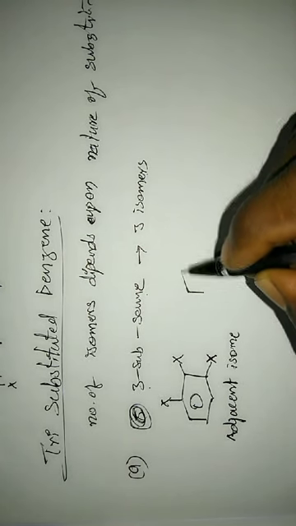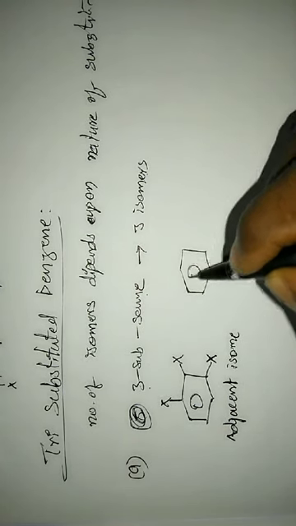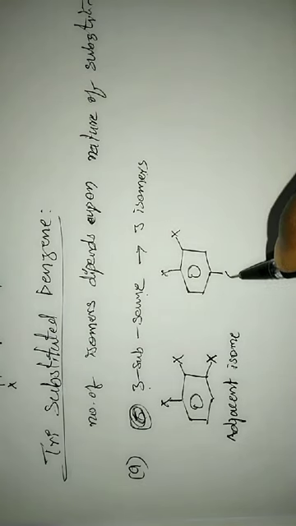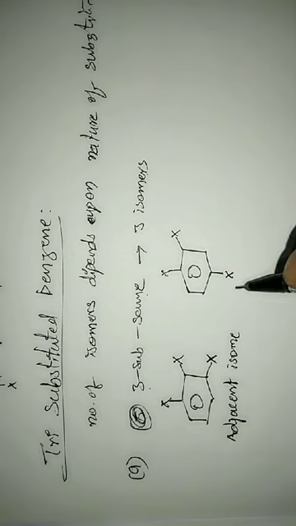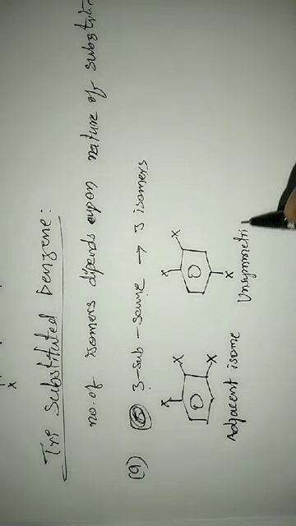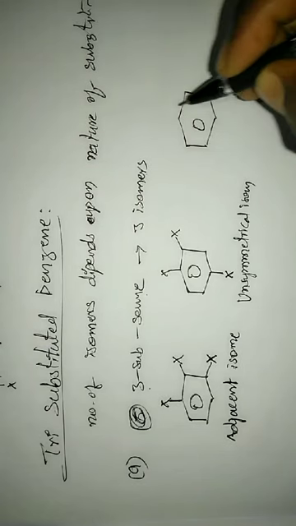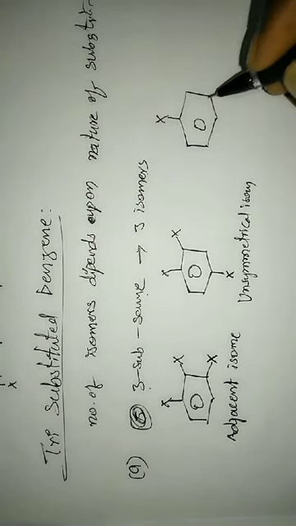Next, one more isomer, that is this one. This is the unsymmetrical isomer. The third isomer for trisubstituted benzene is this one.